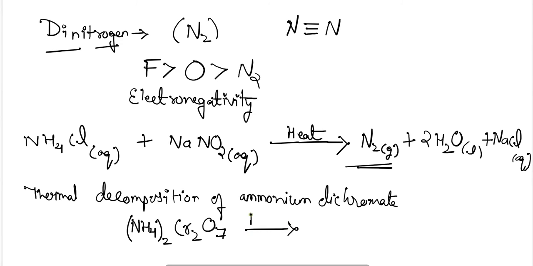When it is heated for decomposition, Cr2O3, chromium oxide, dinitrogen, and 4 water molecules will be formed. This is also a preparation method for dinitrogen.